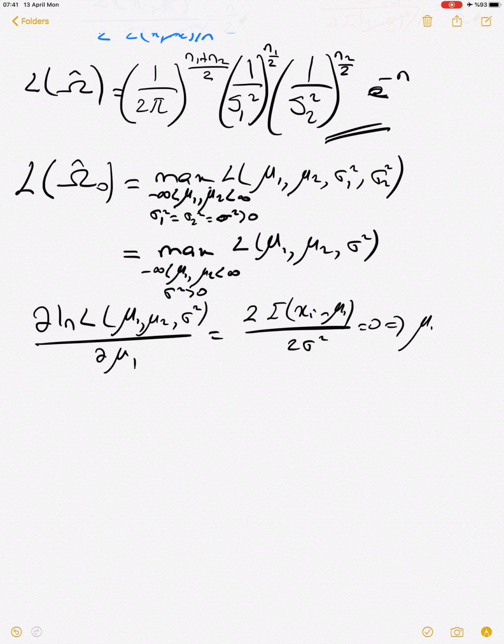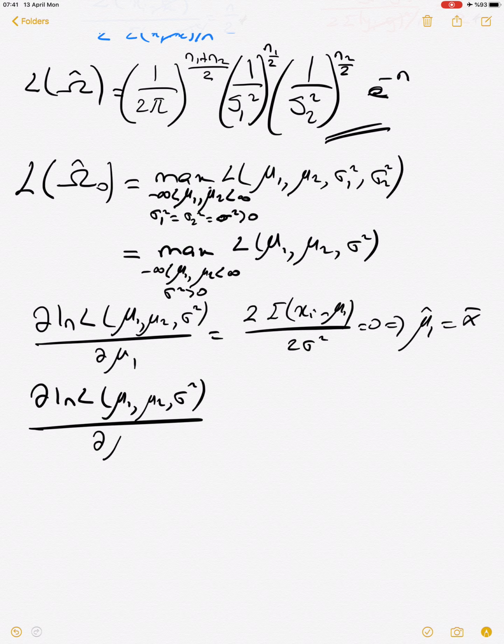So we will end up with the MLE as x bar, so it's not changing. Do the same thing for mu2: summation 2 times yi minus mu2 over 2 sigma square equated to 0, and get the MLE as y bar.